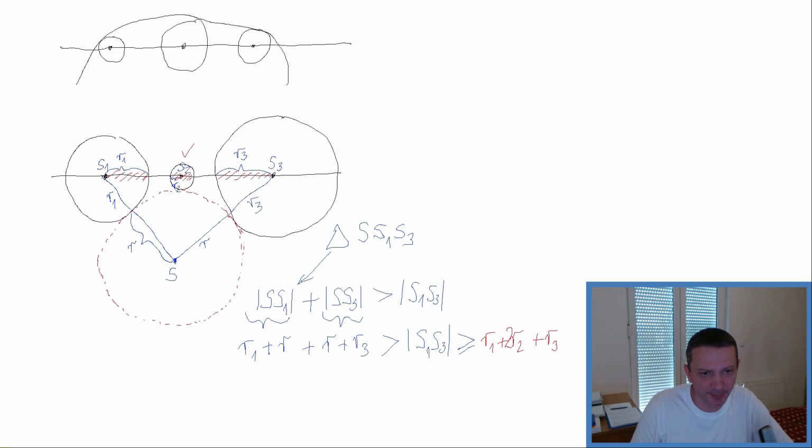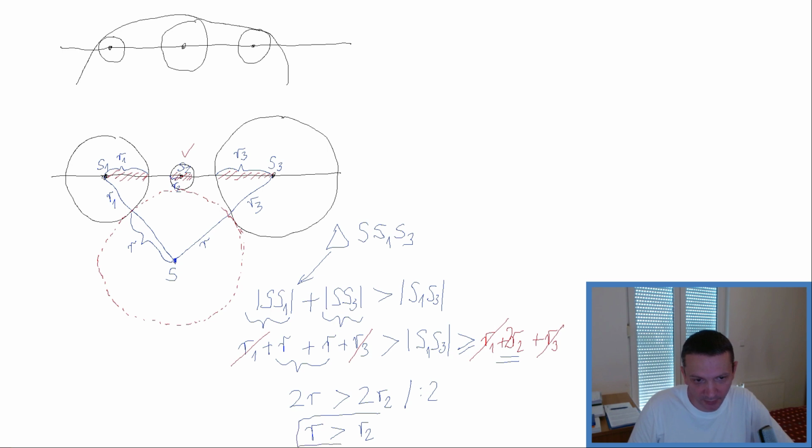And now we can simply cancel R1 on the left and R1 on the right, R3 on the left and R3 on the right, and what is left is 2R greater than 2R2, and when we divide by 2 we obtain that R is greater than R2.